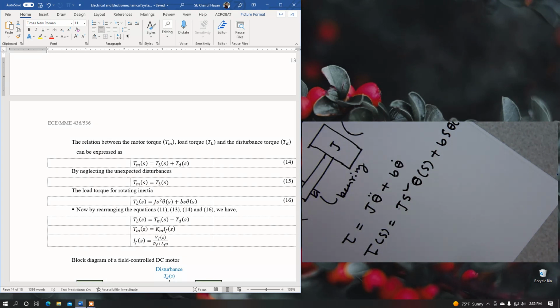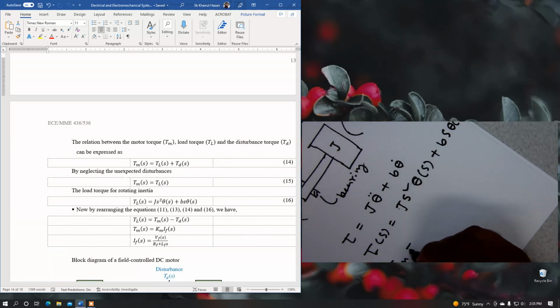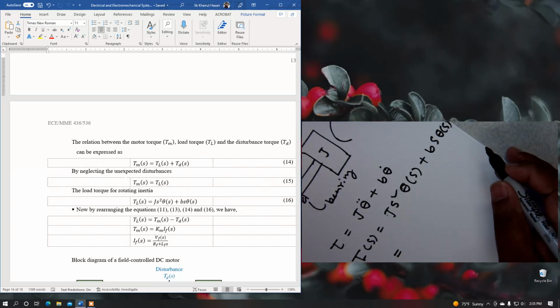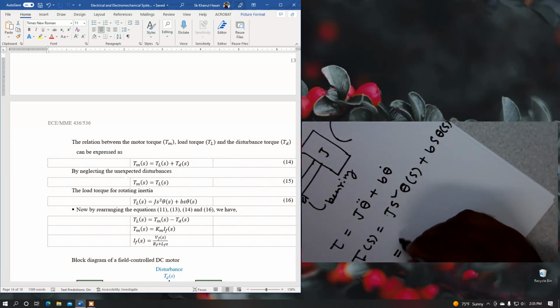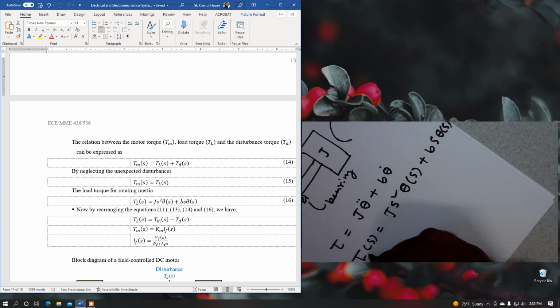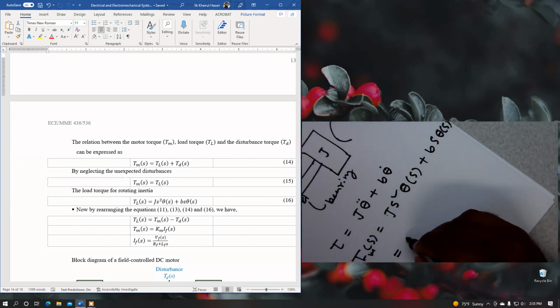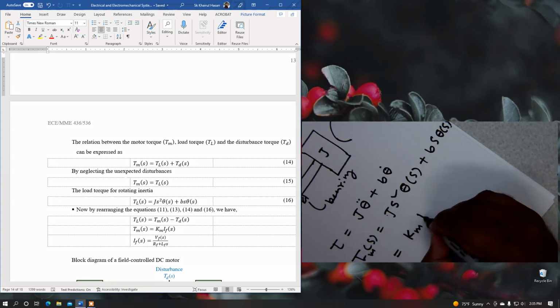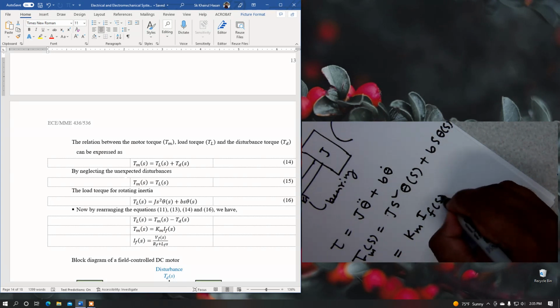And now if there is no motor disturbance torque, then tau m, the motor torque, is equal to Km If(s), right?